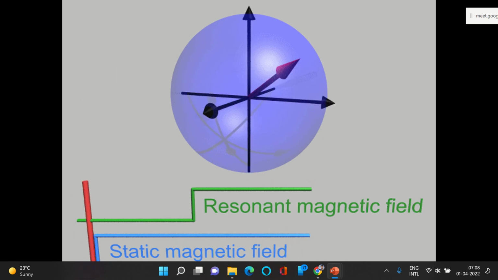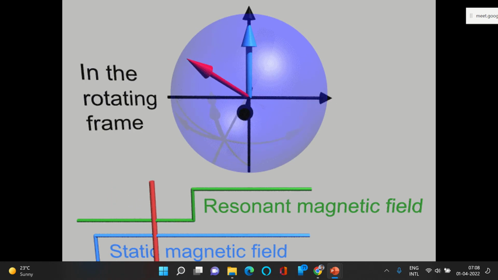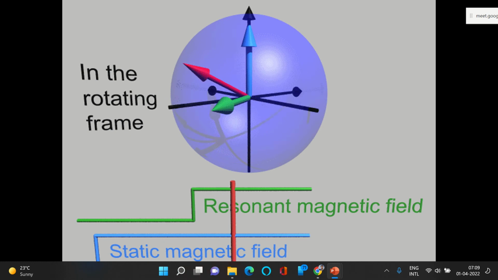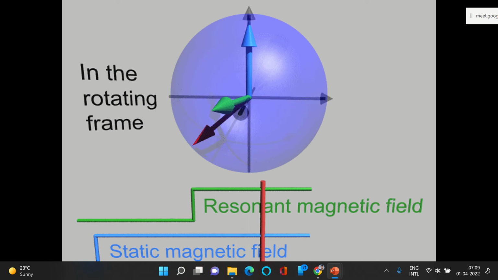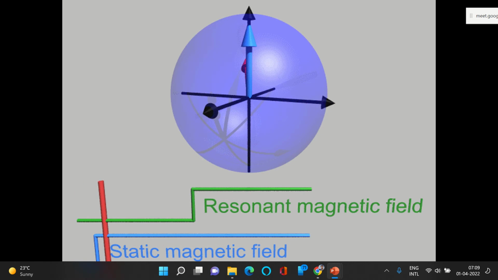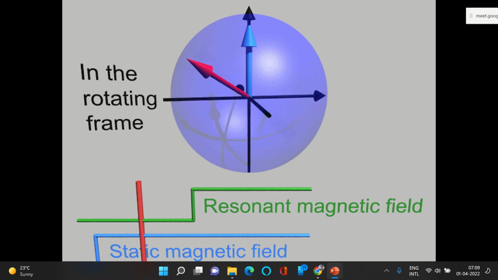So we call it a pi by 2 pulse or a pi pulse, a 90-degree pulse or a 180-degree pulse, depending on how much this red vector is tipping from the top to the bottom, entirely reversing its direction, or lying midway.